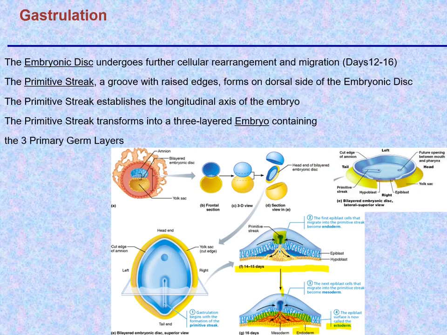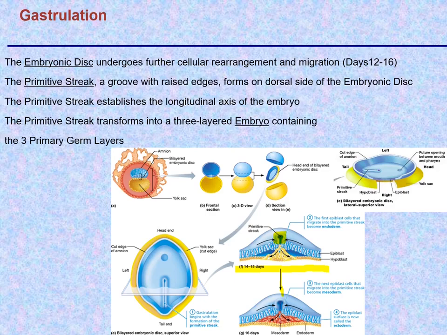So during this stage, you start to get formation of these important structures and separation of different types of differentiation into separate tissues that will go on to form quite different parts of the developing fetus. So that embryonic disc, remember, is made of the epiblast and hypoblast.